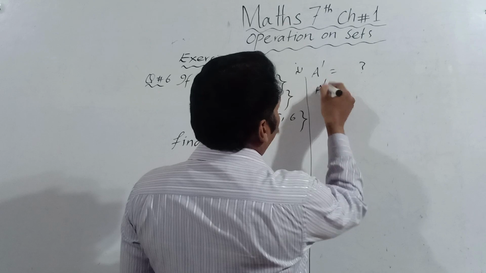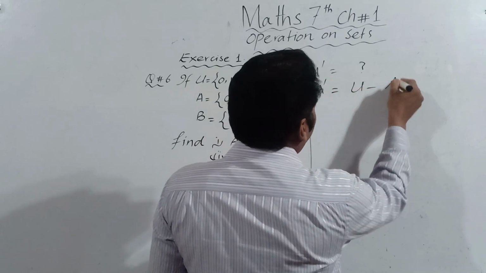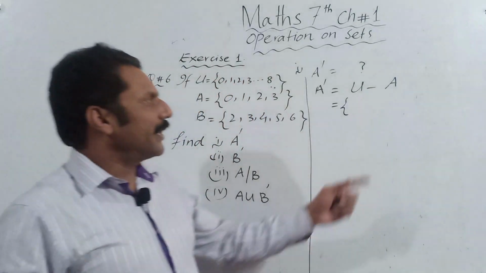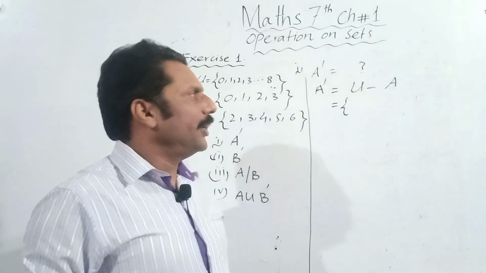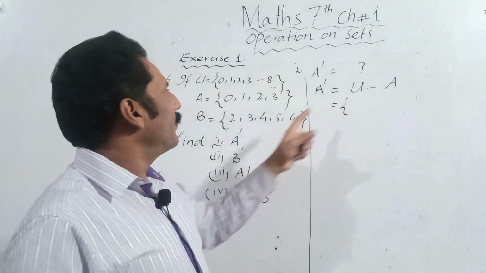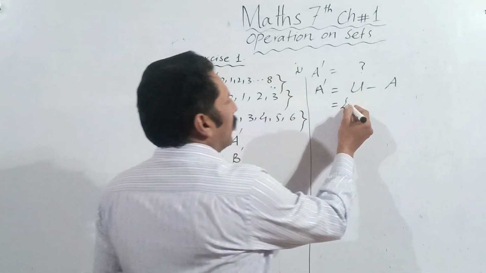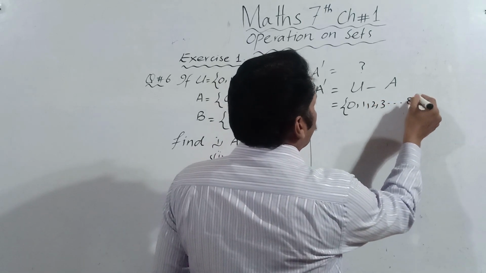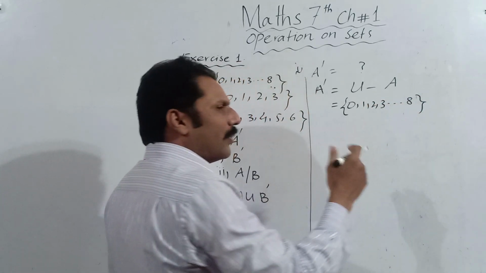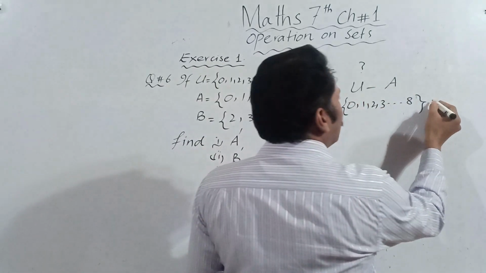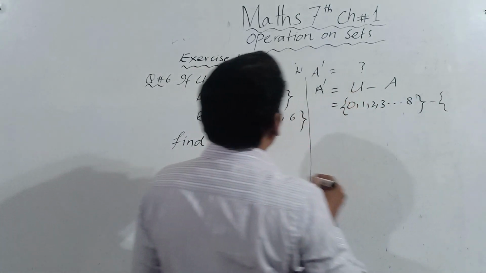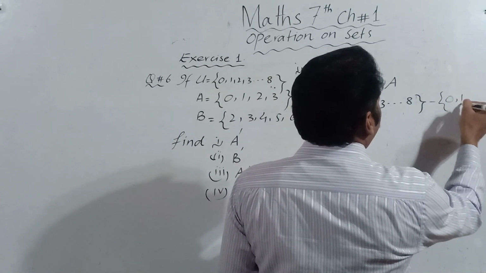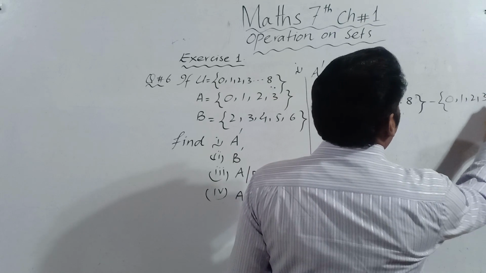A complement formula: universal minus A. So when we write U minus A, it means that first of all we will write the elements of set U, 0, 1, 2, 3 till 8. It means 0, 1, 2, 3, 4, 5, 6, 7, 8, then minus sign, again bracket, and then elements of A: 0, 1, 2, and 3.